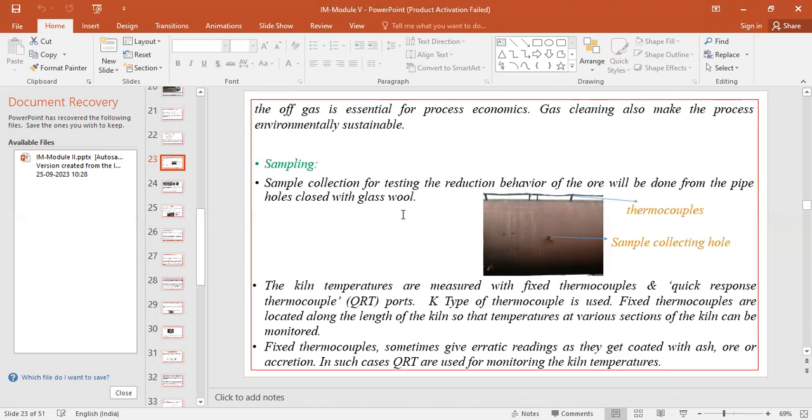The sample collection is basically done from these holes. Throughout the kiln, there will be some holes, which are closed with glass wool.